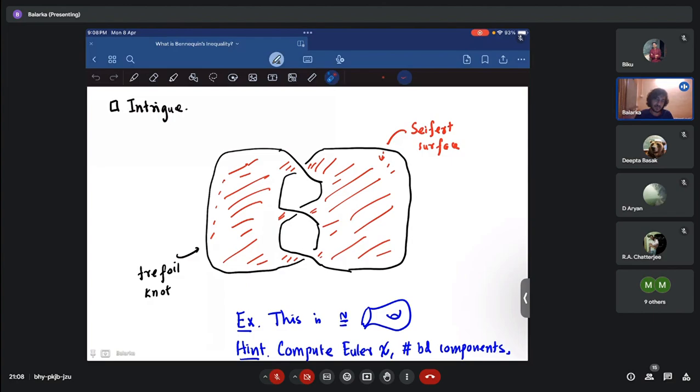Those two invariants uniquely determine a compact surface with boundary. So in this case, we have a Seifert surface of genus 1, because, if you believe my exercise, it's a punctured torus. In general, you can ask, given a knot, what is the minimum genus Seifert surface it bounds? And remember, a Seifert surface is an oriented surface which bounds the knot. That's the kind of question that Bennequin's inequality tries to answer.